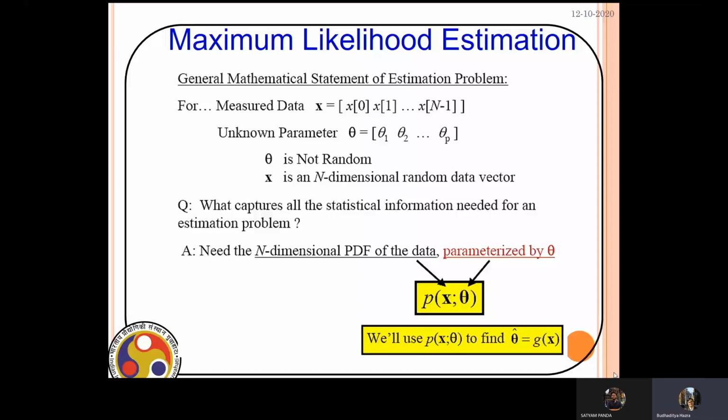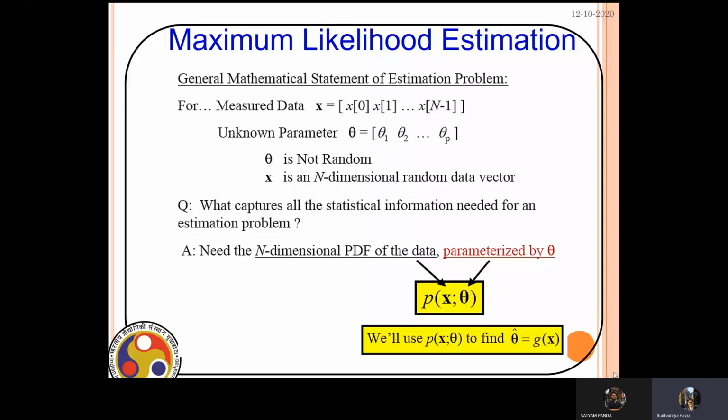Now suppose we have the measured data x0, x1 of a random variable, and let us say we have the parameter space, which is theta1, theta2, and so on. Theta can be expressed as a vector. Always remember that theta is not random.